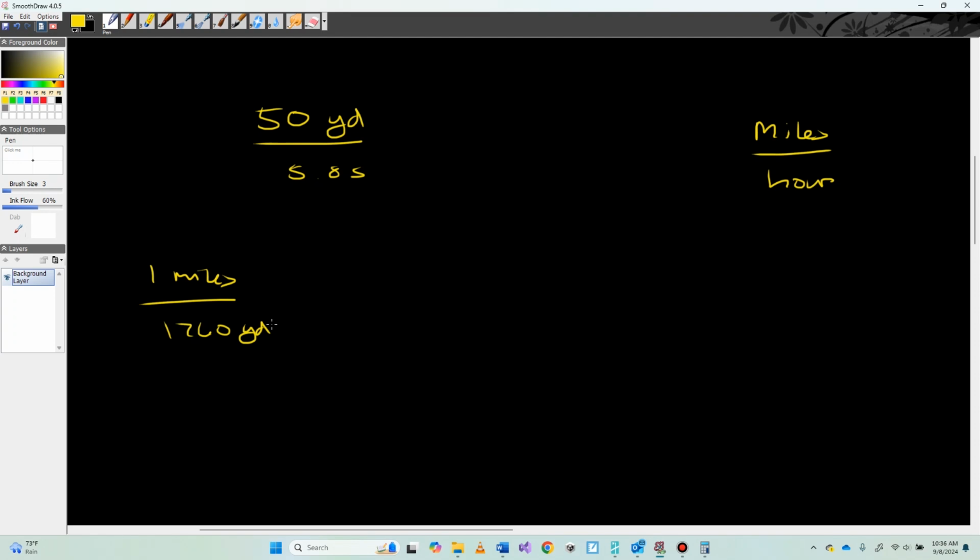Now I have to ask, what am I converting from? Yards. What am I converting to? Miles. Therefore, miles is in my numerator. So I multiply 50 over 5.8 by 1 over 1,760, because miles needs to be in my numerator and yards needs to be in my denominator.